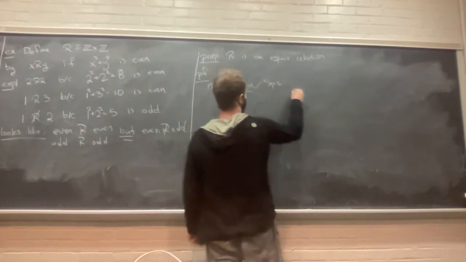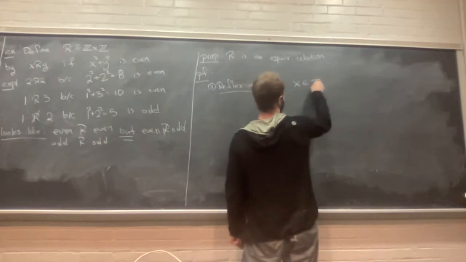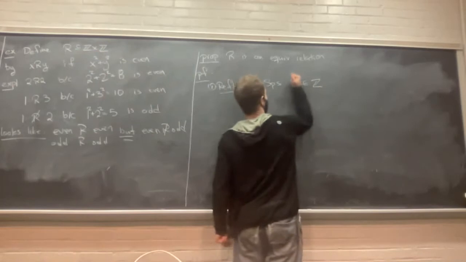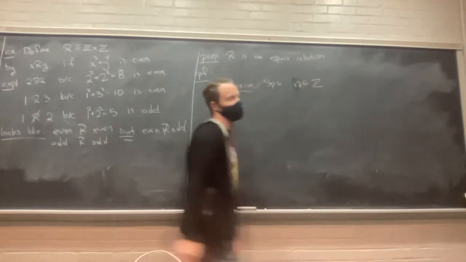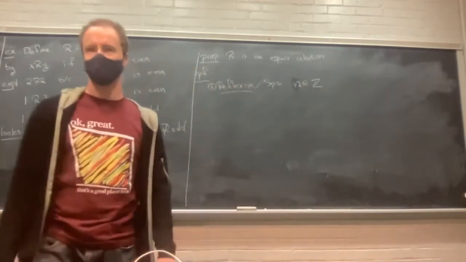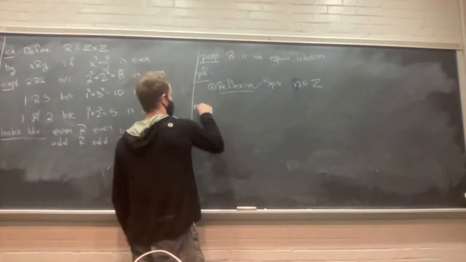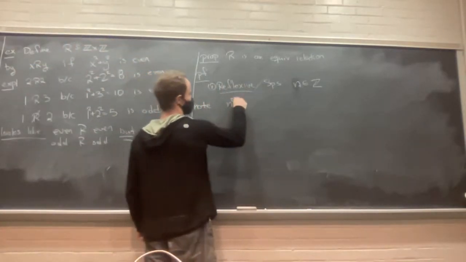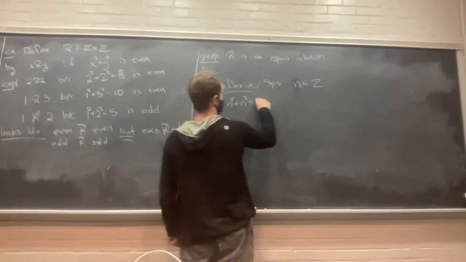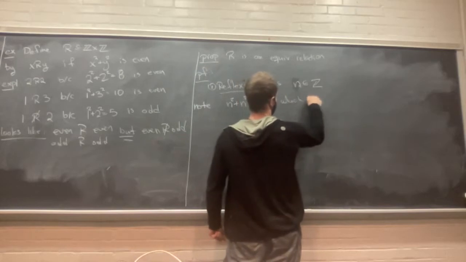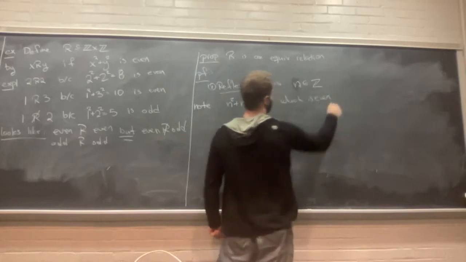Let's suppose x is an integer. Maybe you want to use n or something, because that's more typically an integer. So let's say n is an integer, and notice that n squared plus n squared equals 2n squared, which is even.